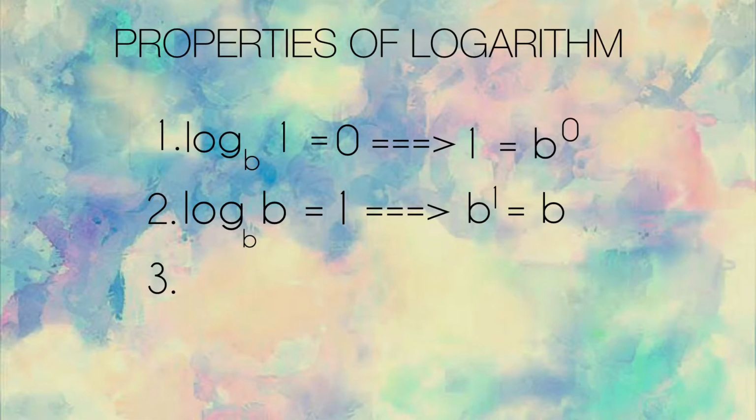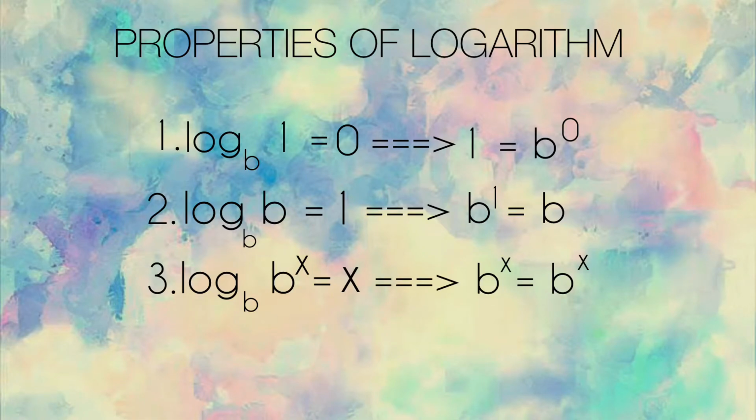Third property is logarithm of b raised to x base b is equal to x. As you can see, the base and the argument are equal, so the value of the exponent is also the value of the result.